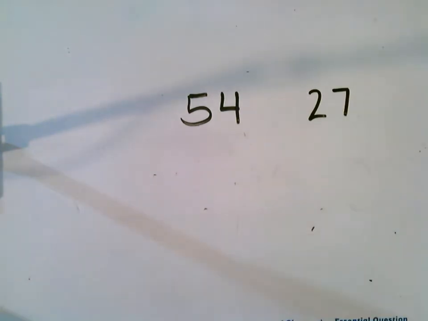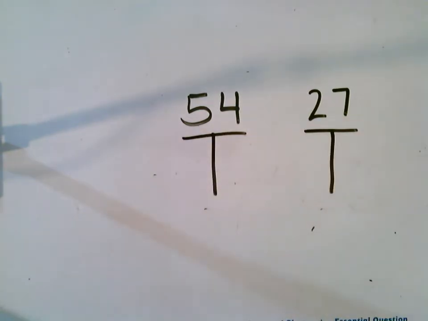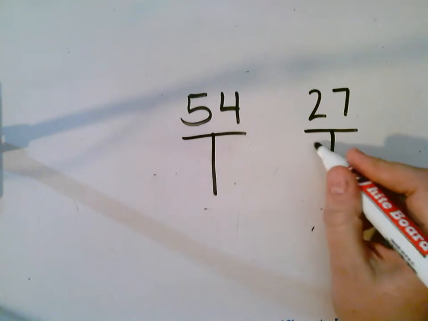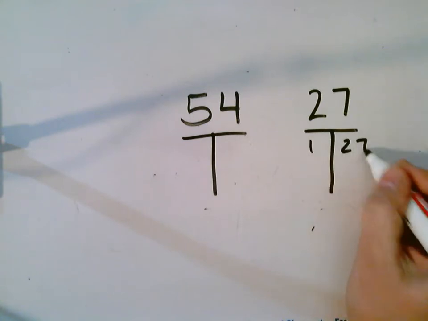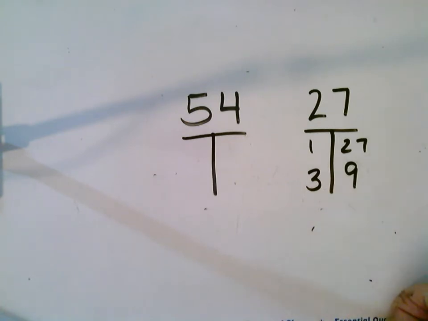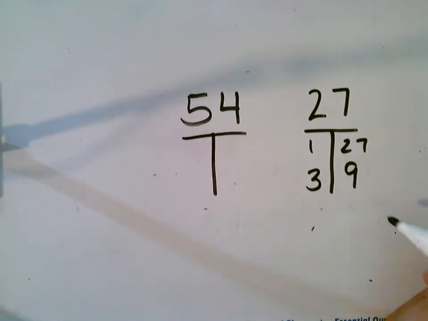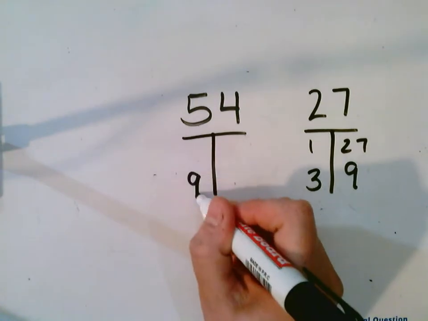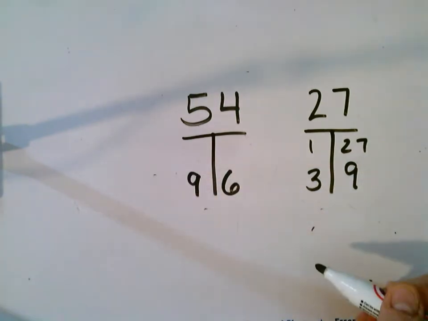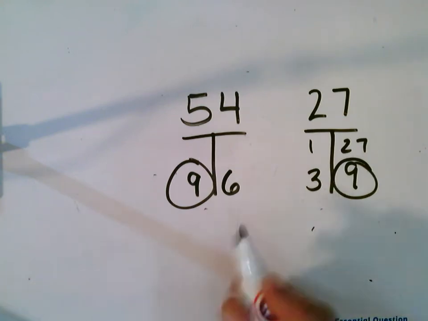So I'm going to list some of the factors I know. 27 is 1 times 27 and 3 times 9, and that's it. I know 27 really well. I want to see which of these go into 54. Well, I know that 9 times 6 is 54, so I might use the number 9 as a common factor.